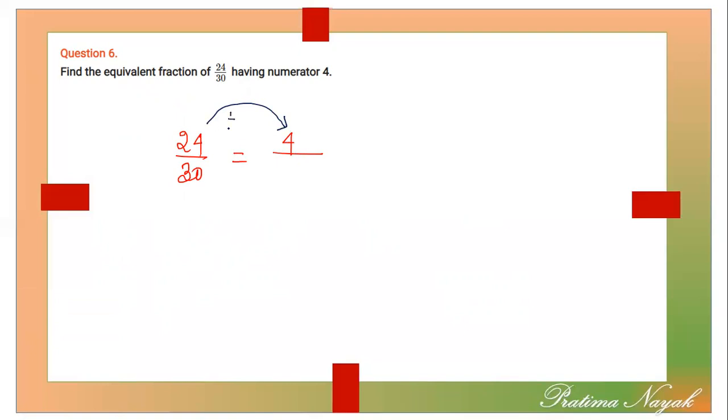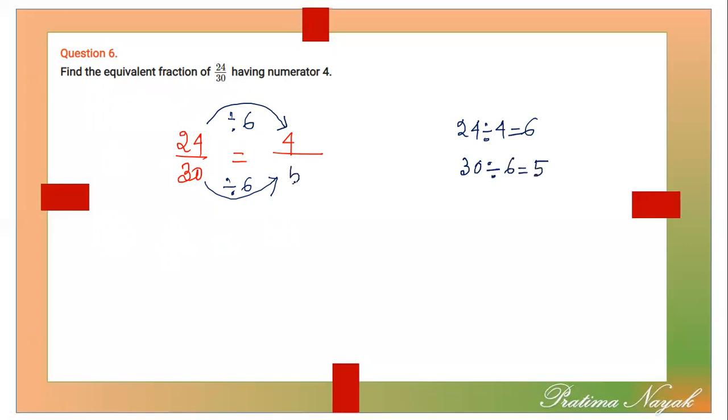How much is that? That will be 24 divided by 4, which is equal to 6. That means for the numerator, when I divide by 6, I'll get 4. So to make the equivalent fraction, the denominator should be divided by 6. So 30 divided by 6 is equal to 5.